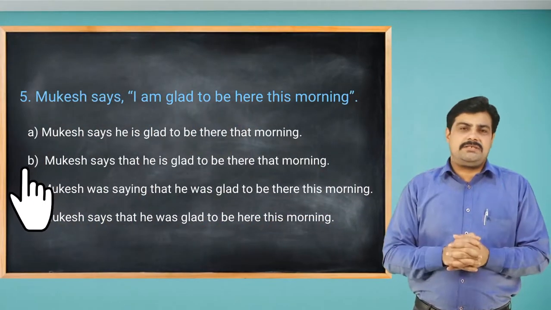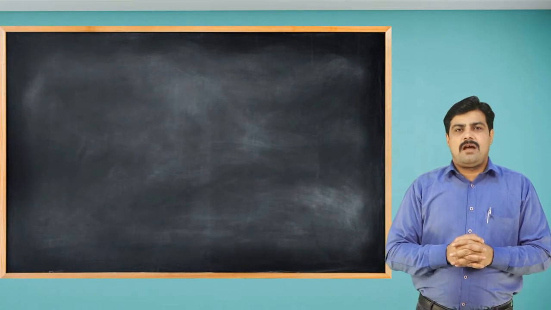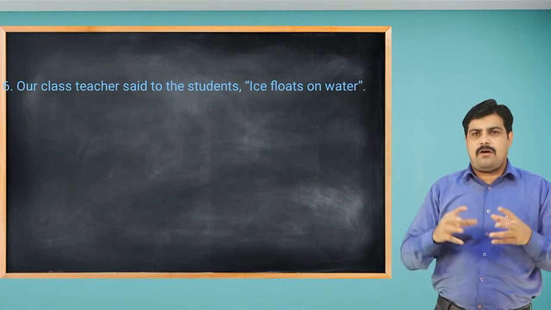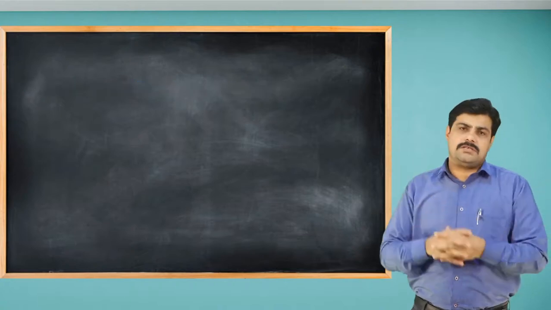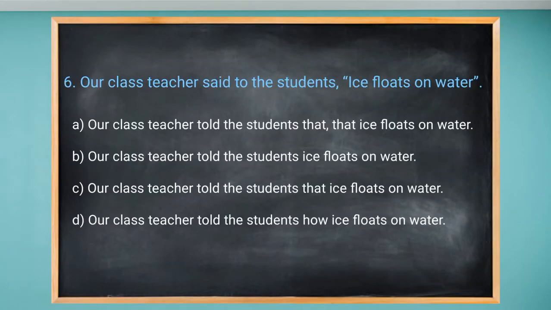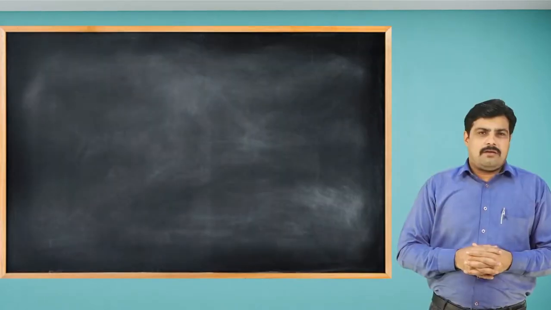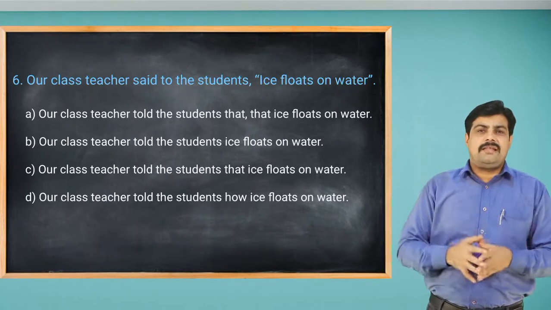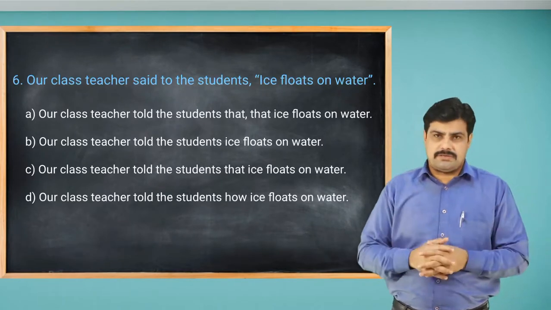Now let's take another sentence you see on the screen. Our class teacher said to the students, ice floats on water. Well, this sentence is all about a fact that is a universal truth.